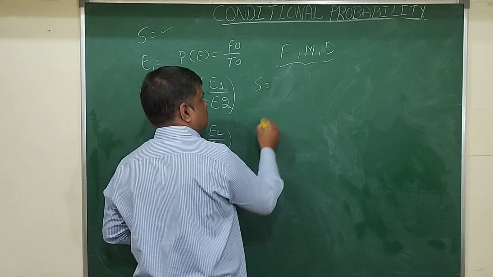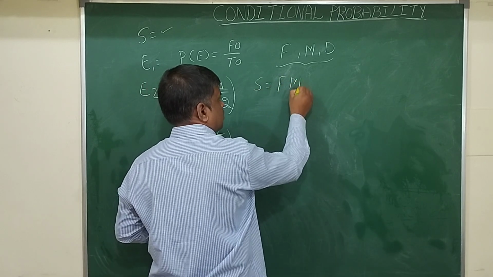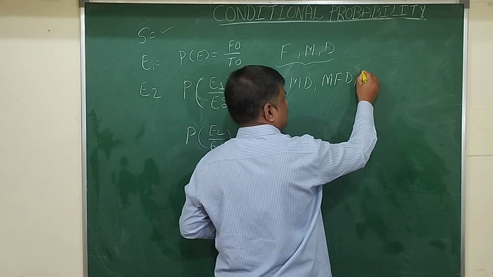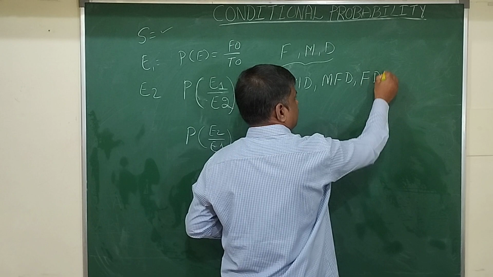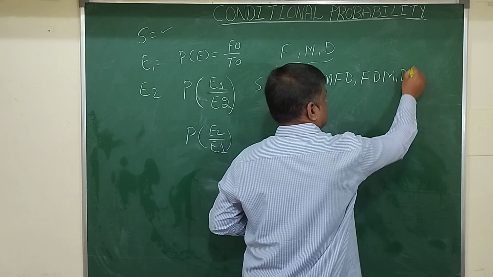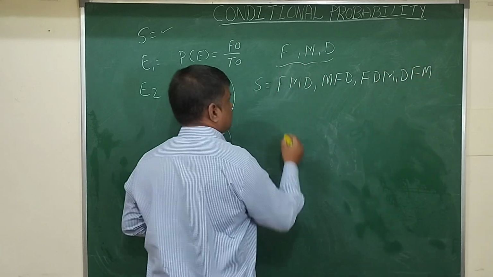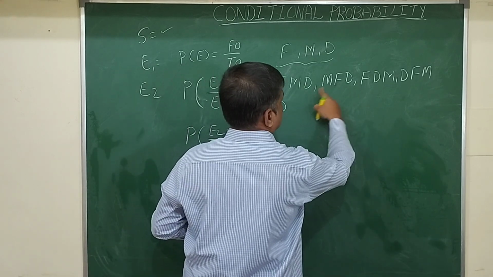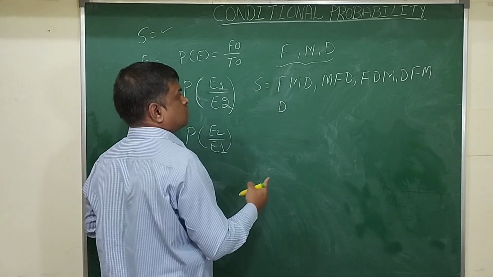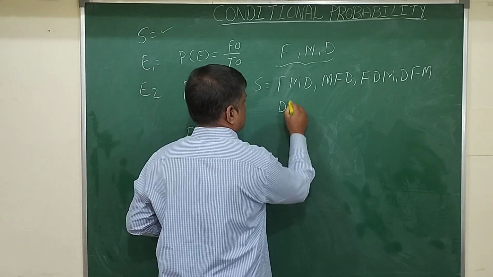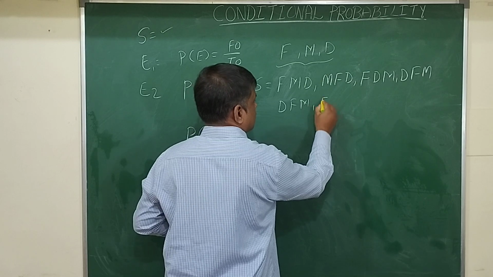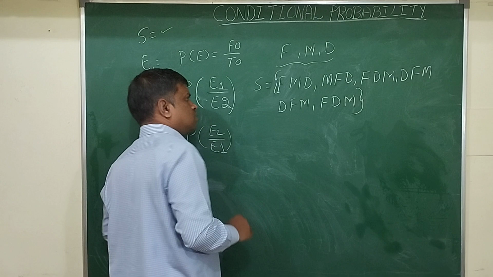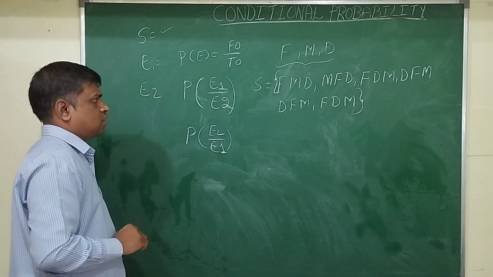So the sample space will be FMD, MFD, FDM, DFM, and next M is there, DFM and FDM. There are 6 possibilities, total outcomes.